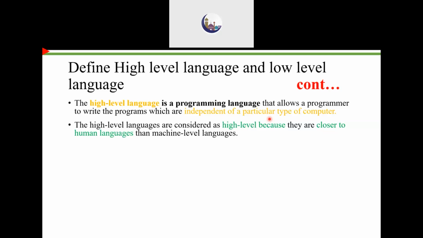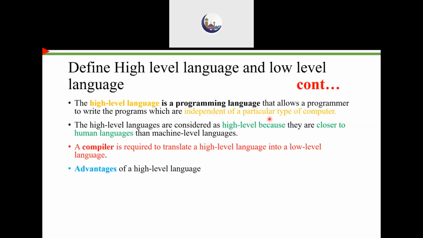Not like that. A high level language is a language which is very close to human understandable languages, whereas machine level languages and assembly level languages are very close to computer understandable format. That's why assembly and machine are called low level languages, whereas C, C++, Fortran, and so forth are called high level languages.